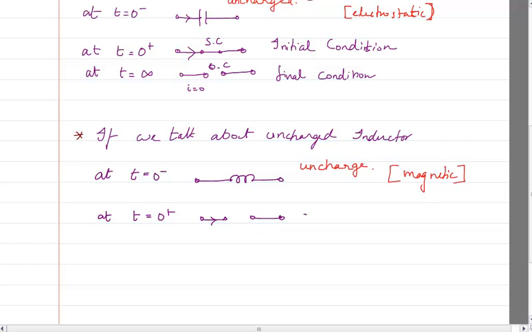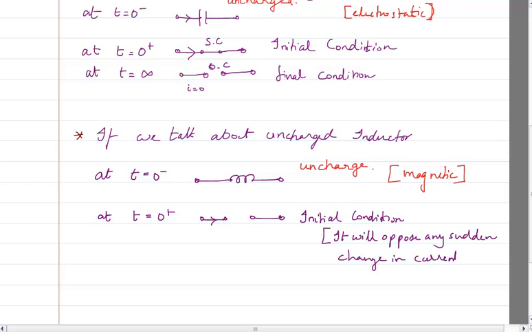So the initial condition is this statement you have to very carefully remember: it will oppose any sudden change in current flow.